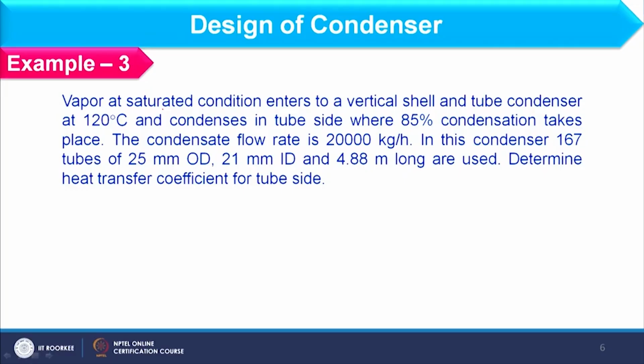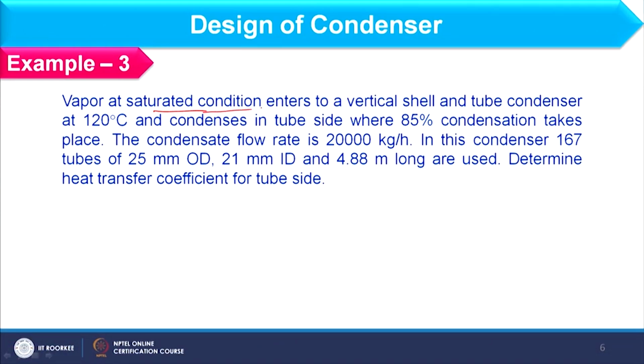So, now I am having another example which is basically example 3 for design of condenser, and this example says that vapor which is available at saturated condition enters to the vertical shell and tube condenser. Okay.